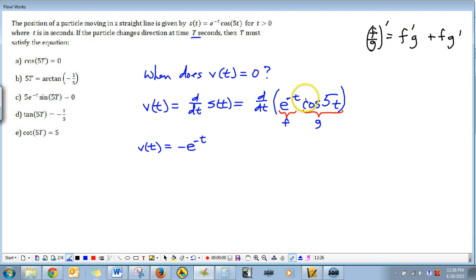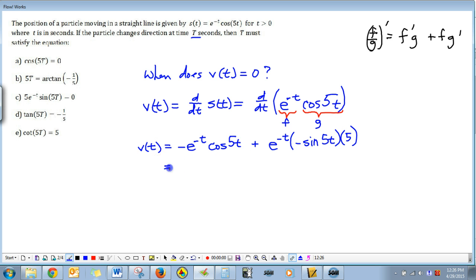Now we multiply by g, which is cosine 5t, plus f g prime. So plus f, which is e to the negative t, and then g prime. The derivative of cosine is negative sine. So negative sine of 5t times the derivative of 5t, so times 5.